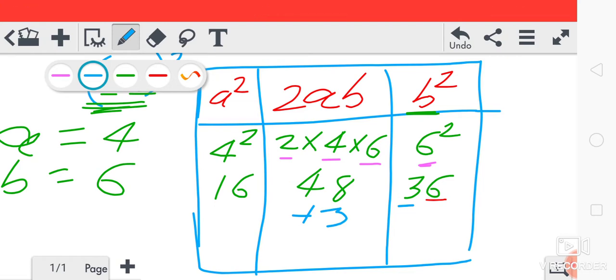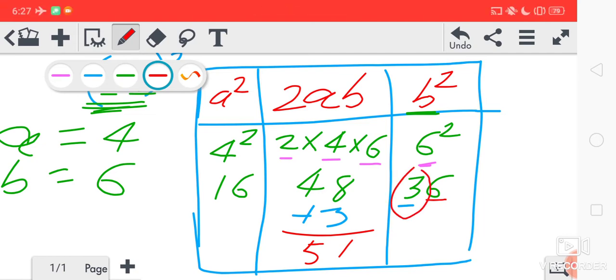Got it? So 48 plus 3, how much will we get? 51. The last digit we have underlined, and this remaining 3 is added here. In 48 we have added 3, and we have got 51.